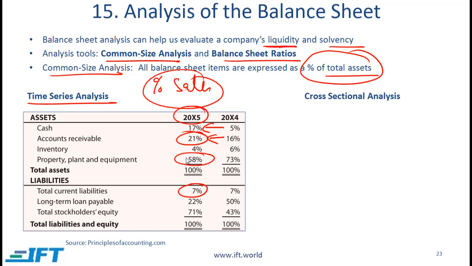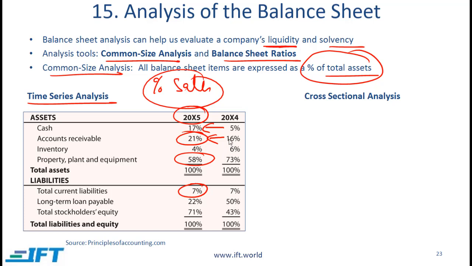Property, plant and equipment is a smaller percentage of total assets. Now you need to get into the details to understand how bad this is or what the reasons are for these changes, but effectively looking at these percentages and how they change over time is called time series analysis.